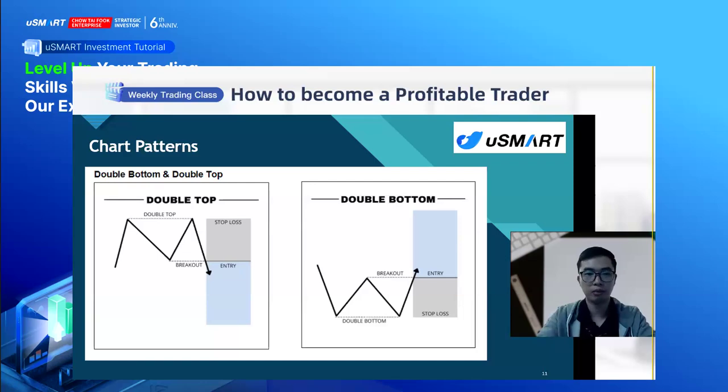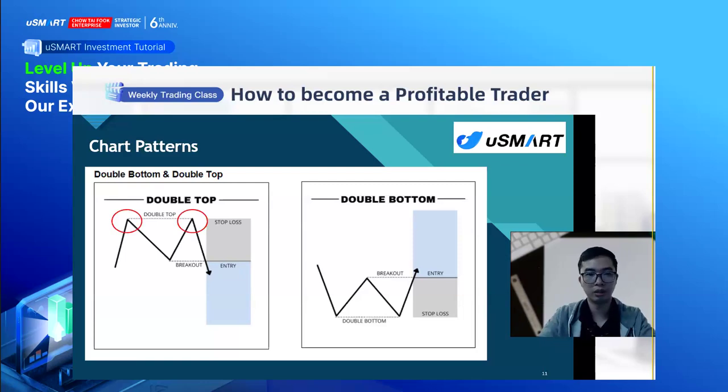So here we can see that there's a double top. So what is a double top? A double top is a chart pattern where it forms a double equal high top, or maybe almost equal high top, and then it forms a kind of strong resistance. Then when it breaks the support, we make an entry.